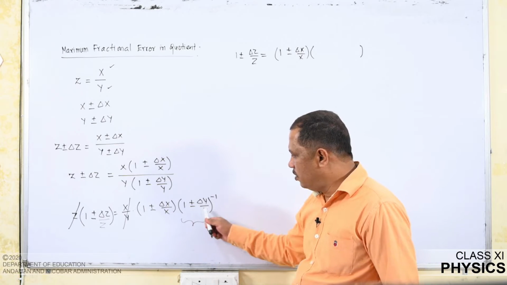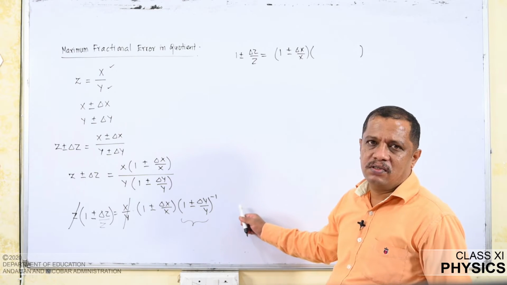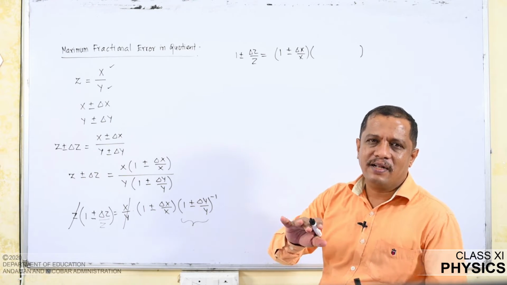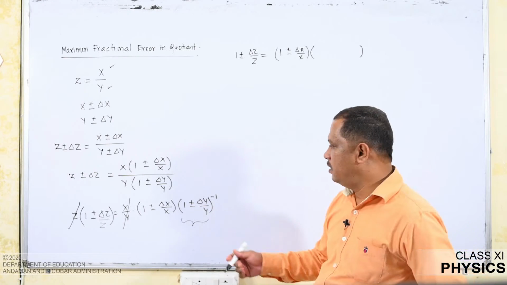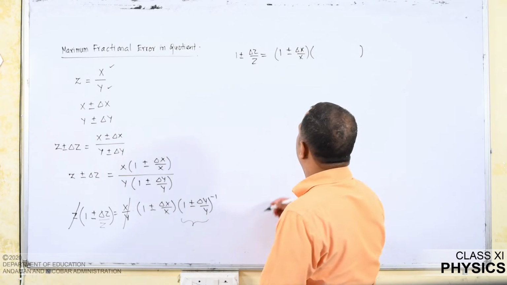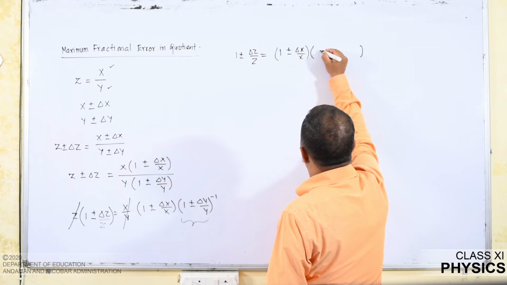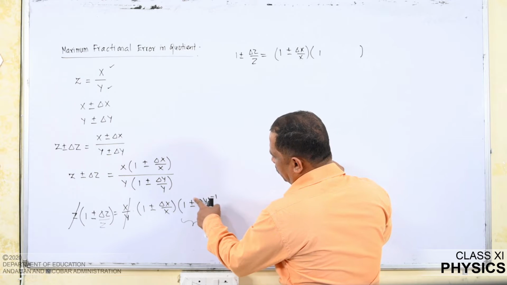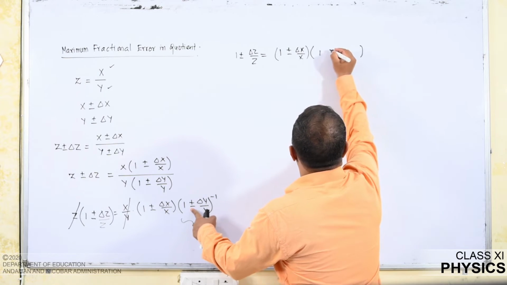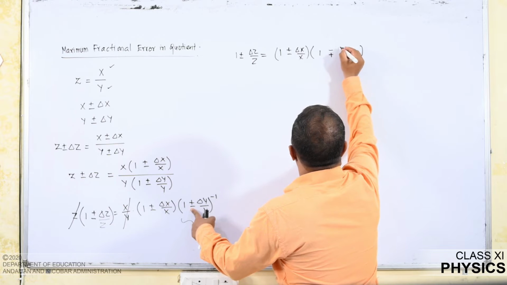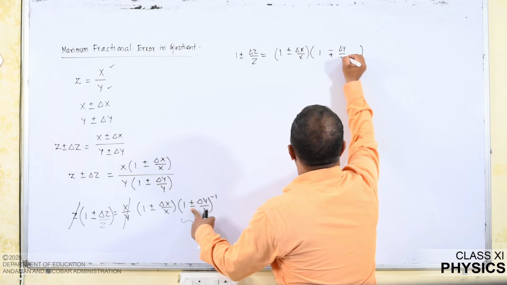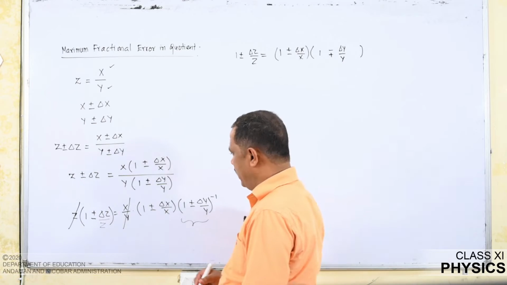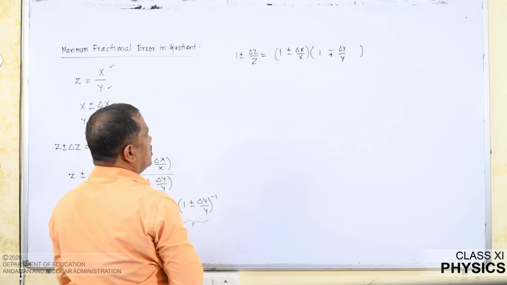On expansion, the higher order powers will have a very negligible value, so we will neglect those higher order powers and retain the power 1. Therefore, I will have 1, and this will turn plus into minus and minus into plus. So, I have minus plus delta y over y. This is the term on expanding in terms of the binomial theorem.